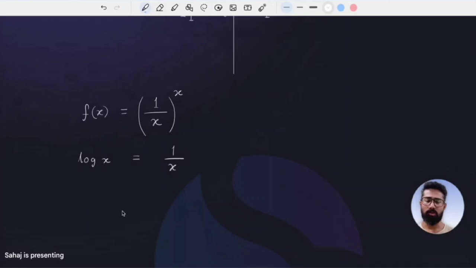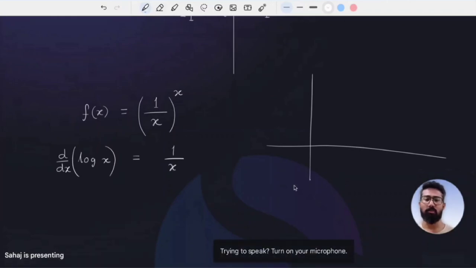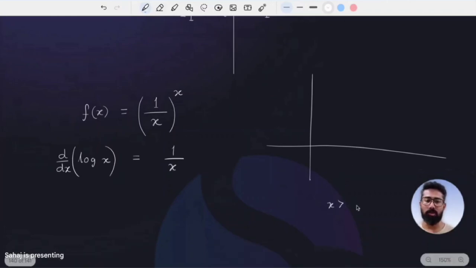And how do we know it's monotonic? What is the derivative test for monotonicity? We see whether the derivative is always positive or always negative. And log x is only defined for x greater than 0. You have to remember that.